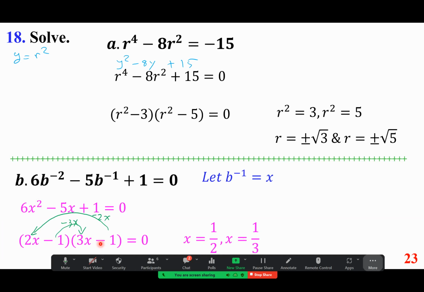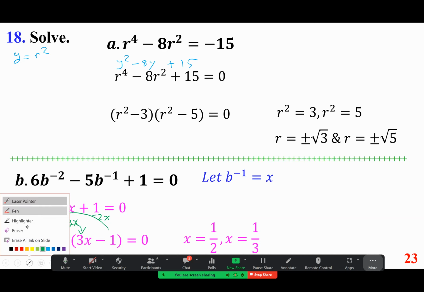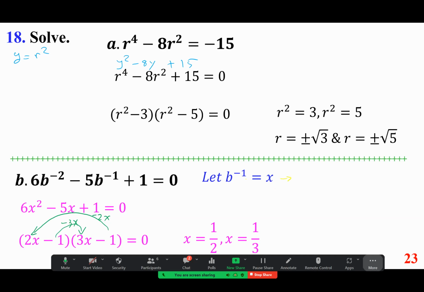Now, I want to make sure we understand what this means. So this means 1 over b is x. Or you can say b is 1 over x.